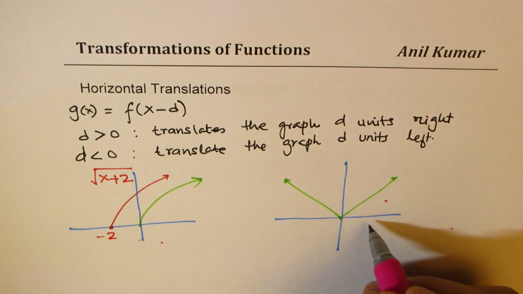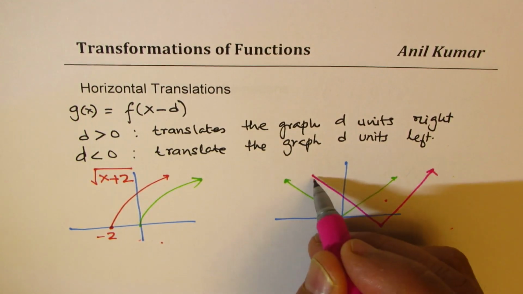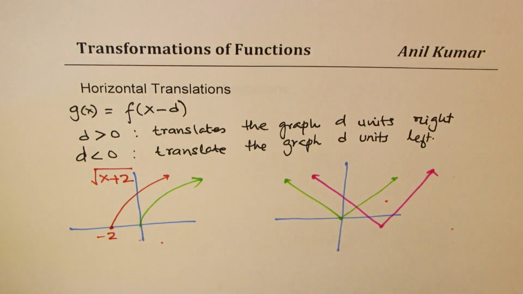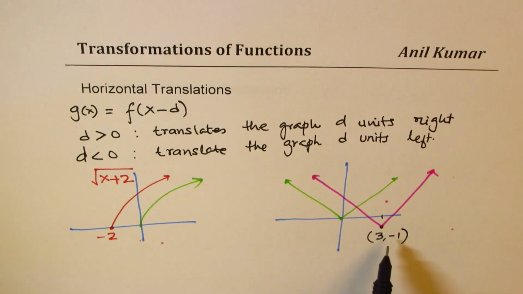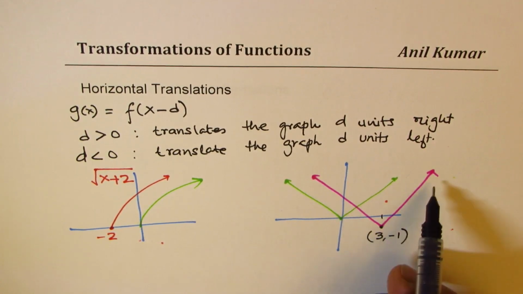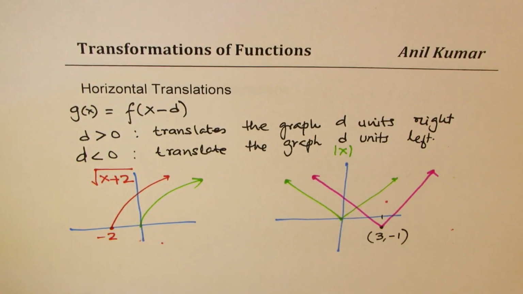One, let's shift it like this, where the point given to us is, let's say, (3, -1). Then can you write down the equation of this transformed function, knowing that the original was absolute x?